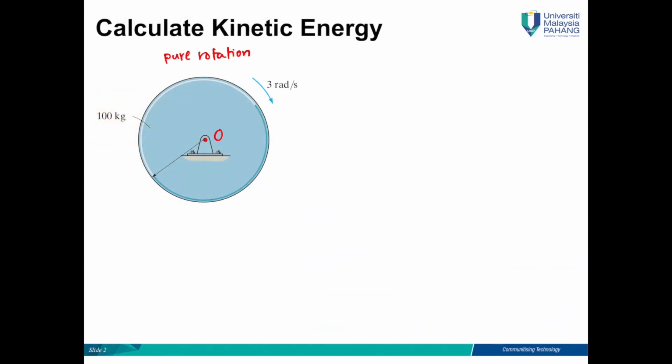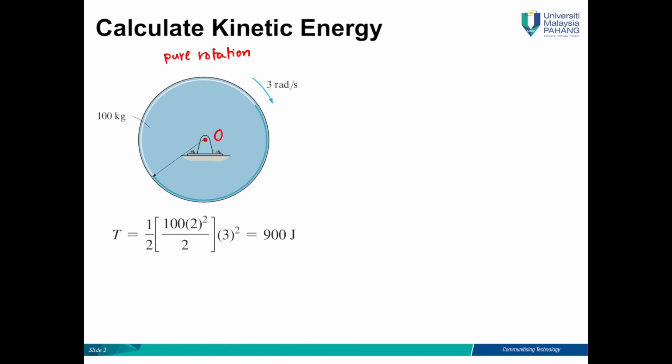In this case, we have to know what IO is. You can refer to the table of mass moment of inertia, and in this case, it is 1 over 2 m r square.